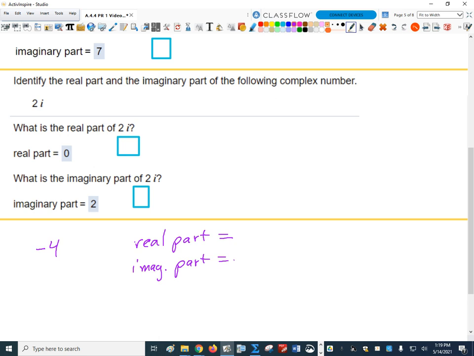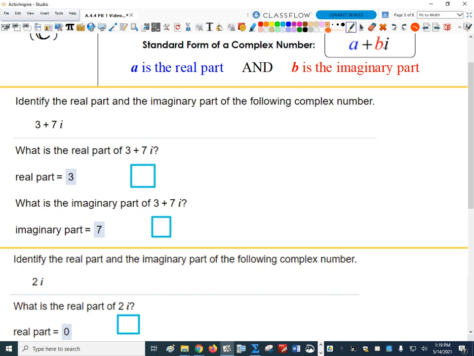What's the real part? -4. What's the imaginary part? 0. Okay, because there is no i term, right? So B, the imaginary part, must be 0.